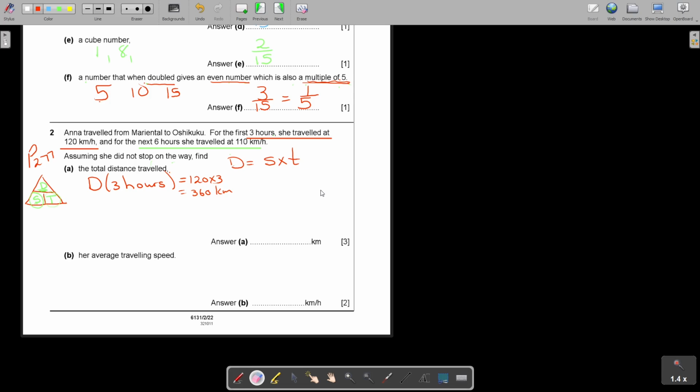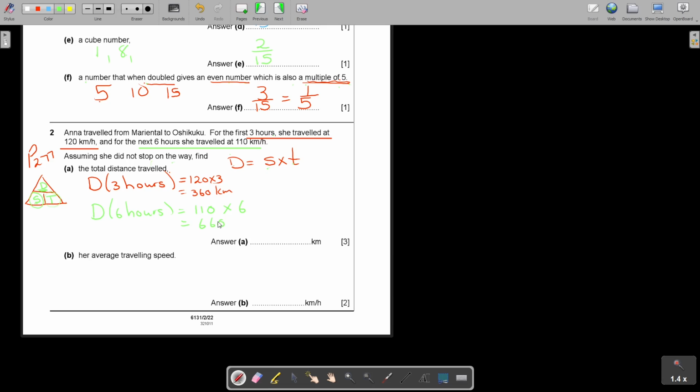Okay, now I do the green. So the distance for the 6 hours, and it's again speed multiplied by time. So what is the speed? It's 110. What is the time? 6. So if I multiply that, I get 660.